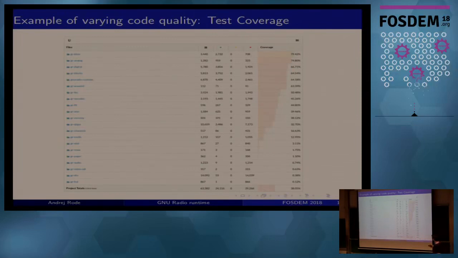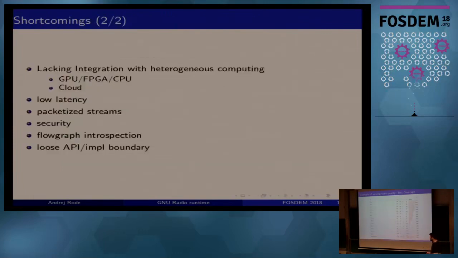And then we have a whole lot of blocks which are not runtime related, but in the GNU Radio project, which are not tested at all during our normal CI tests. So people encounter bugs and they report them, but that's, yeah.